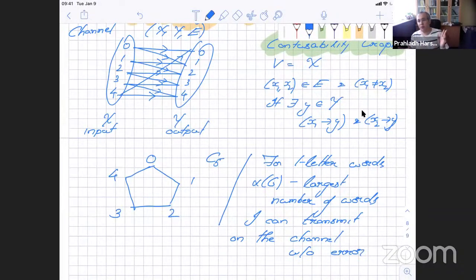This is the maximum number of words. You choose any independent set, that will work. You could have chosen 0, 2, or 1, 3, or 2, 4. Any of these would have worked. This is for one letter.